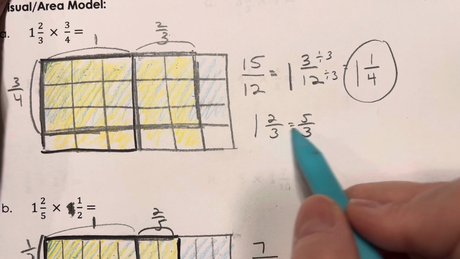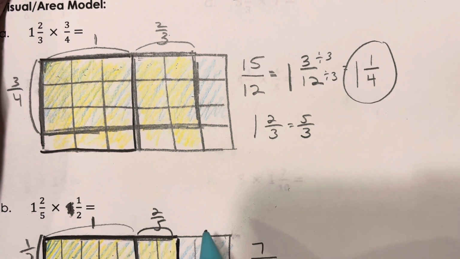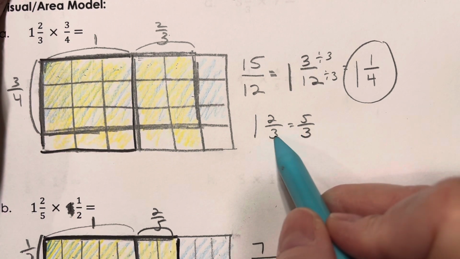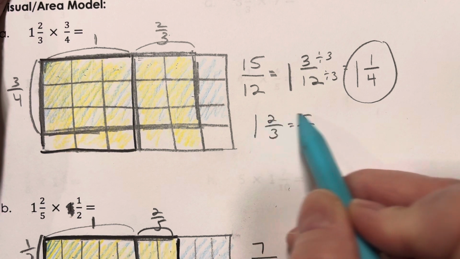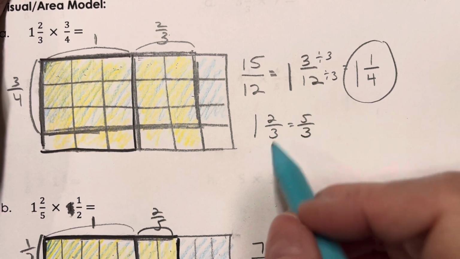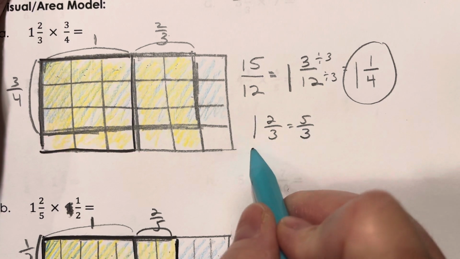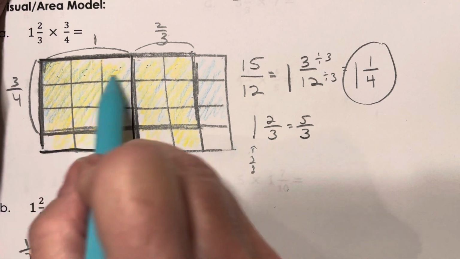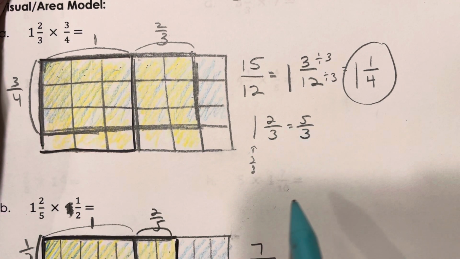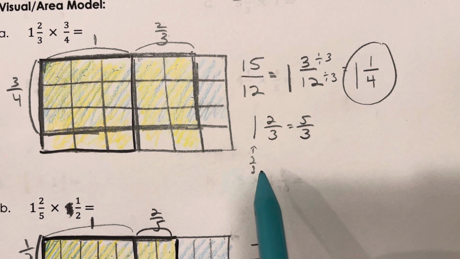Are you noticing a relationship between these two? Well, 3 times 1 is 3 plus 2 is 5 thirds. Those are equivalent. Or maybe you said if it's 1, this one equals 3 thirds, and 3 thirds plus 2 thirds is 5 thirds. Yes.